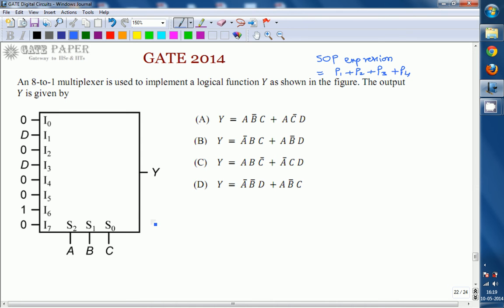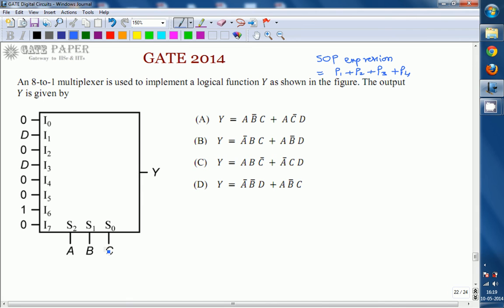Based on that, at most 8 product terms may be generated. These 3 variables can take any of the 8 possible combinations, because 3 variables give 2 power 3, which is 8 combinations from 0 0 0 to 1 1 1. All those combinations are given as I0, I1, I2, I3, I4 and so on. Each index is the decimal equivalent of the combination of ABC.